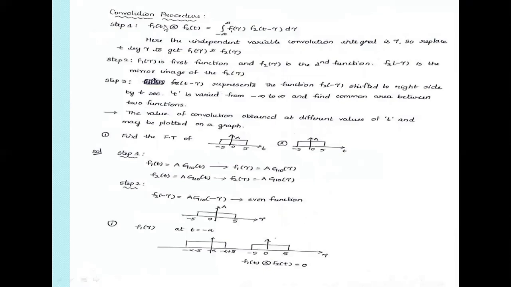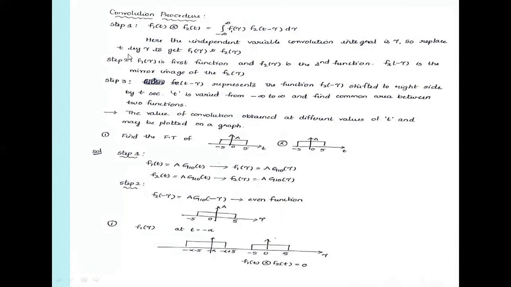Got it, my students? How can we find the convolution for any given two signals? The first step: f1 of t and f2 of t are both time domain functions. Its formula is the integral from minus infinity to infinity of f1 of tau f2 of t minus tau d tau. Here the independent variable of the convolution integral is tau.